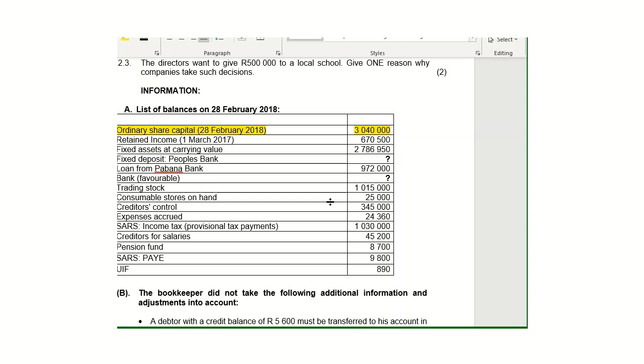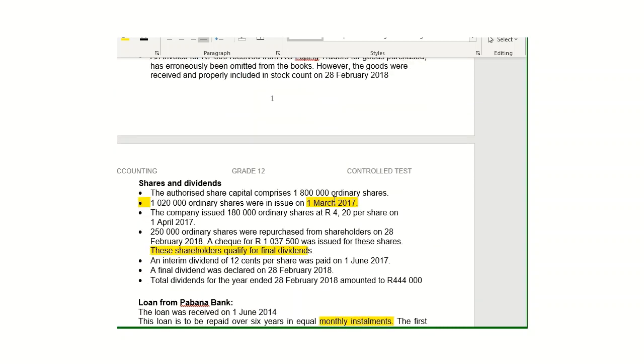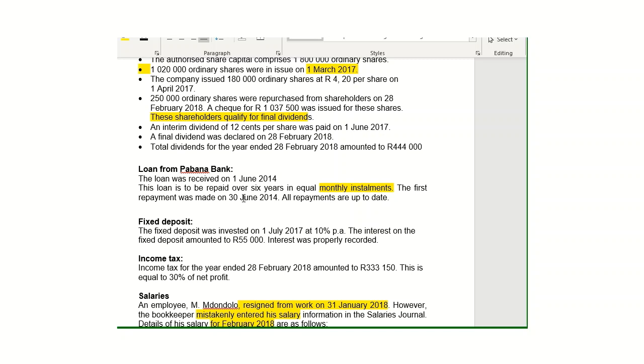The fixed deposit was invested on the 1st of July at 10% per annum. The interest on the fixed deposit amounts to 55,000 and interest was recorded. So there's no amount for the actual fixed deposit. So I will have to use whatever they give me to try and calculate it.